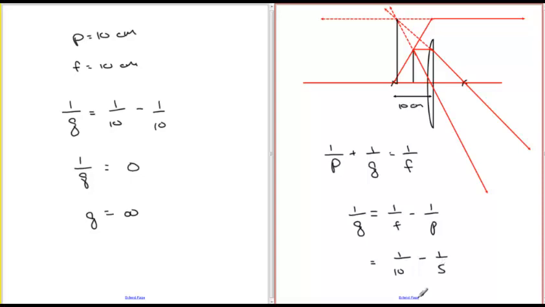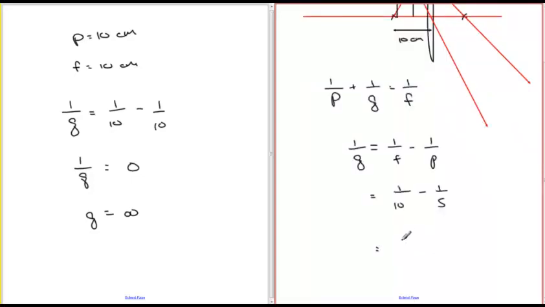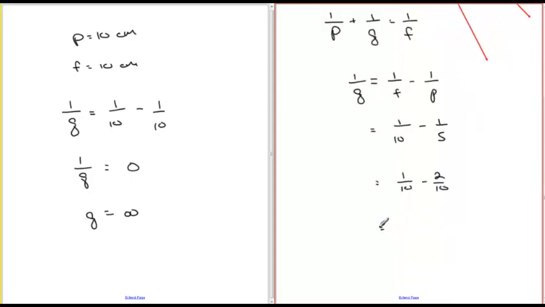So we get 1/10 minus 2/10, since 1/5 equals 2/10. So we get negative 1/10. So 1 over Q is negative 1/10. Therefore, Q is equal to negative 10 centimeters.